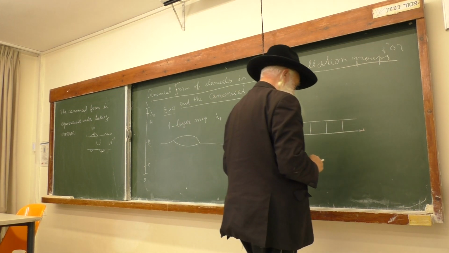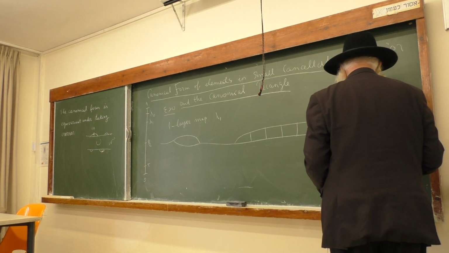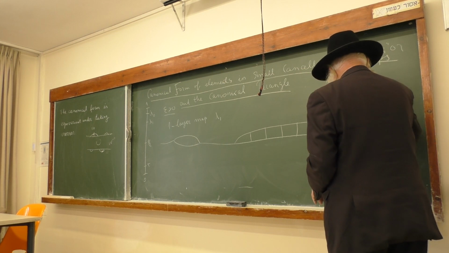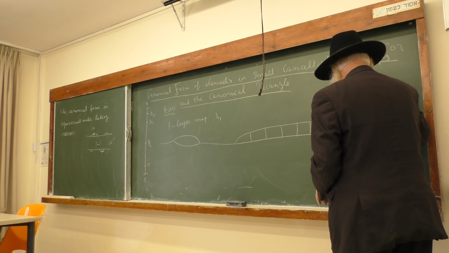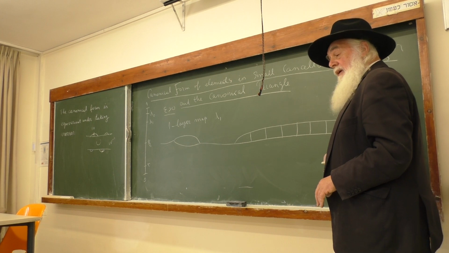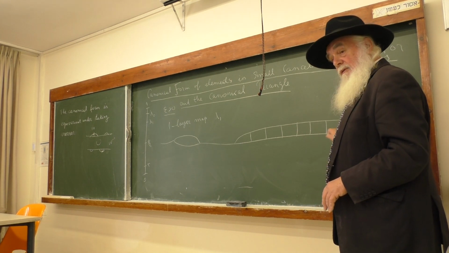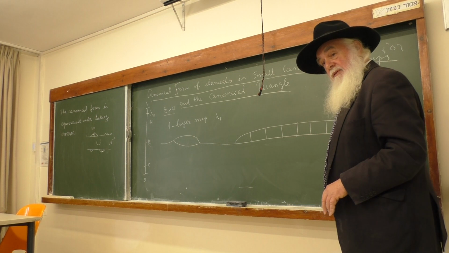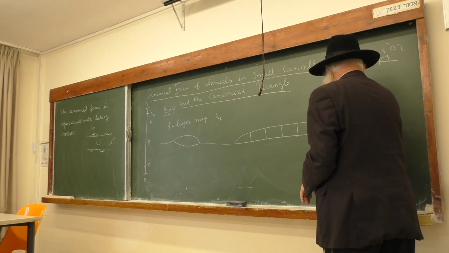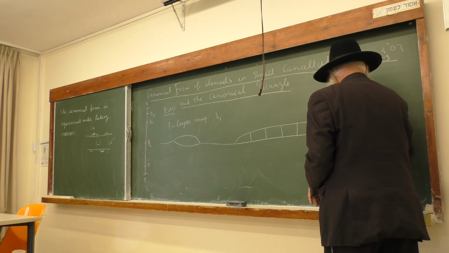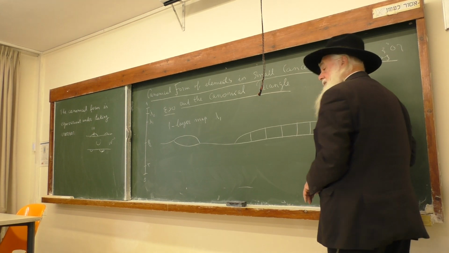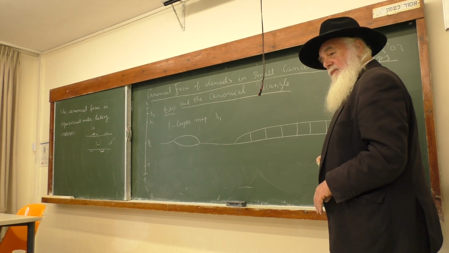Now, it turns out that this will be, for example, the one layer map for this word, where the measure here is precisely lambda 1.